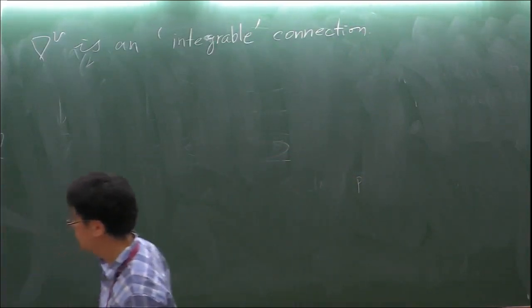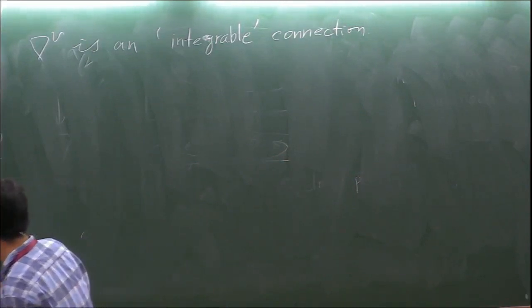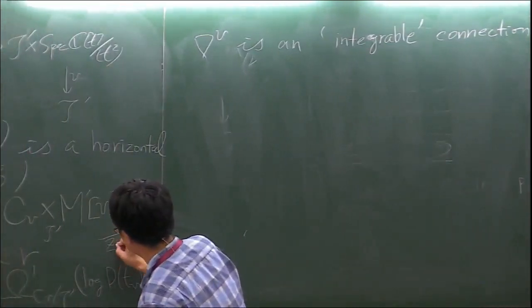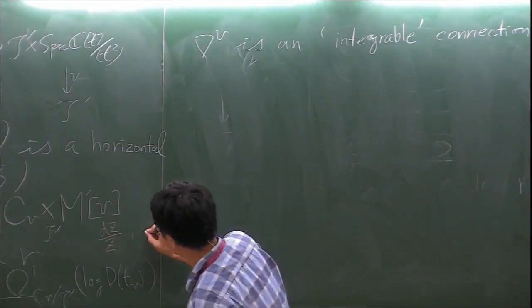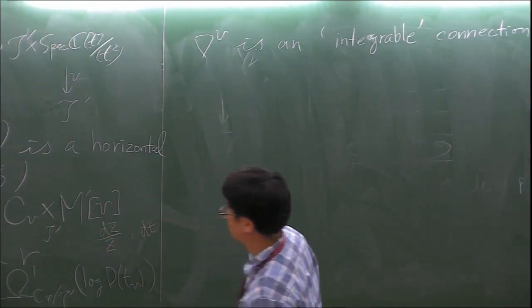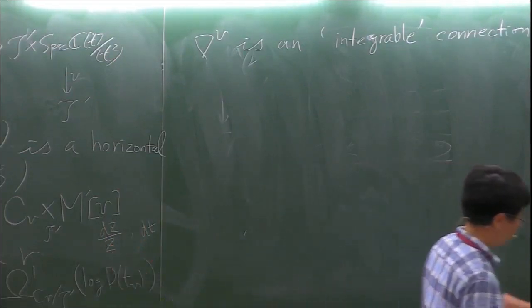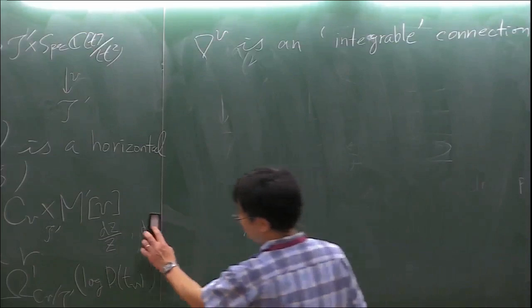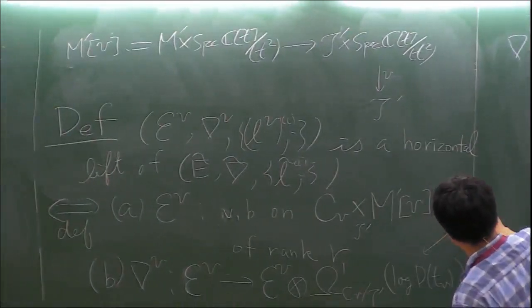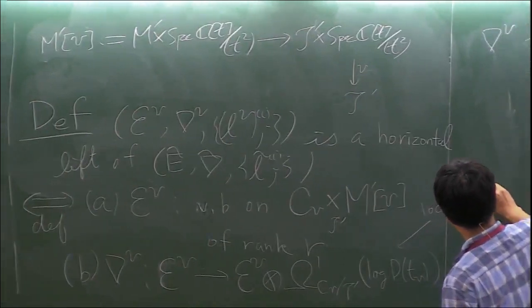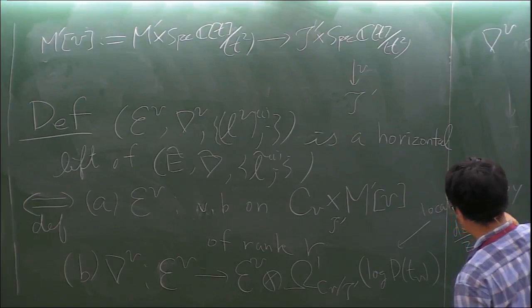So omega 1 log D is locally generated by dz over z and dt.